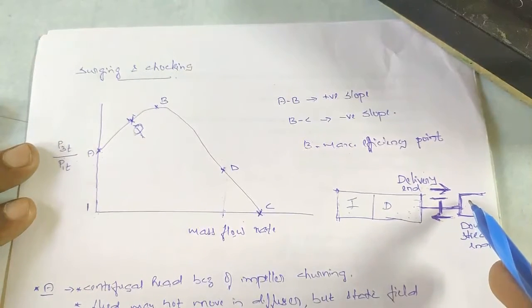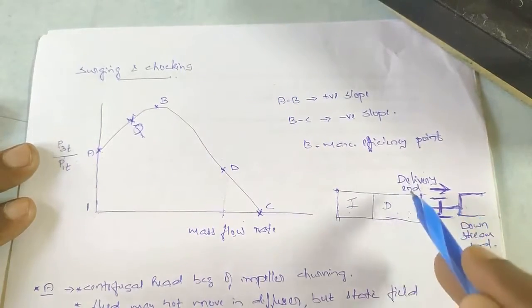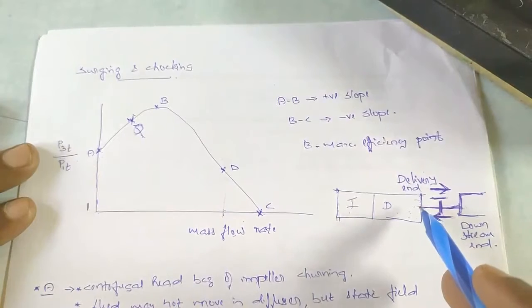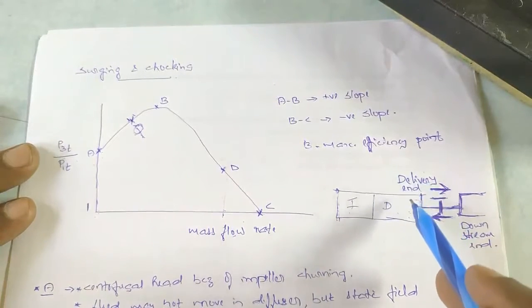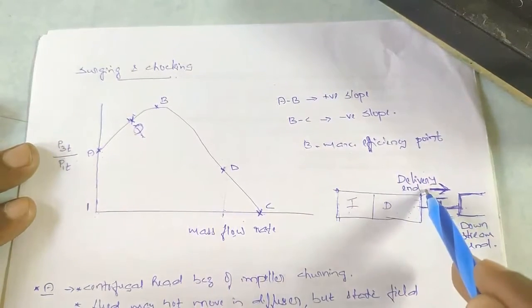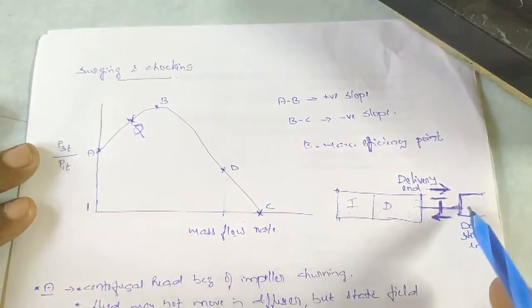And as time proceeds, the pressure will keep on reducing such that it will be lower than the delivery end at the point A. So at this time, the pressure in the delivery end will be more than that in the downstream end. So again, flow will start from the delivery end to the downstream end.